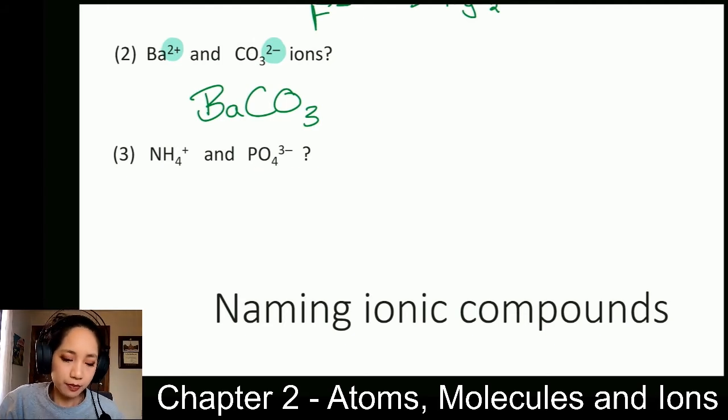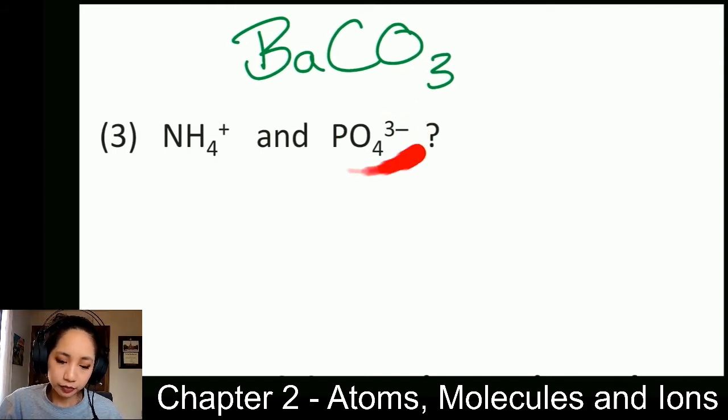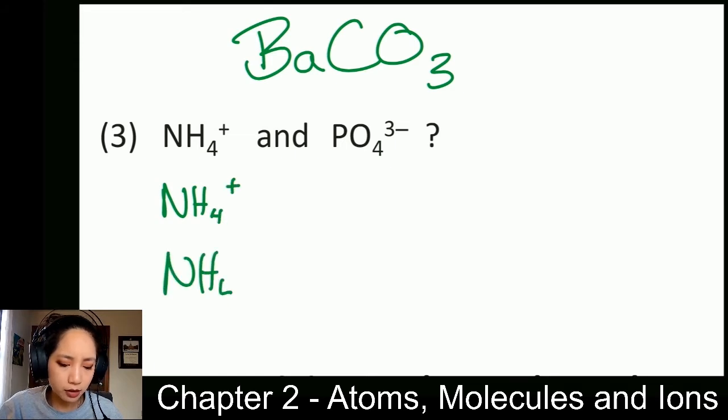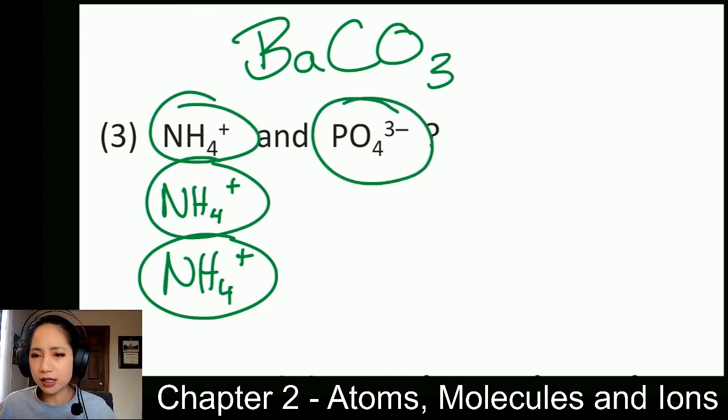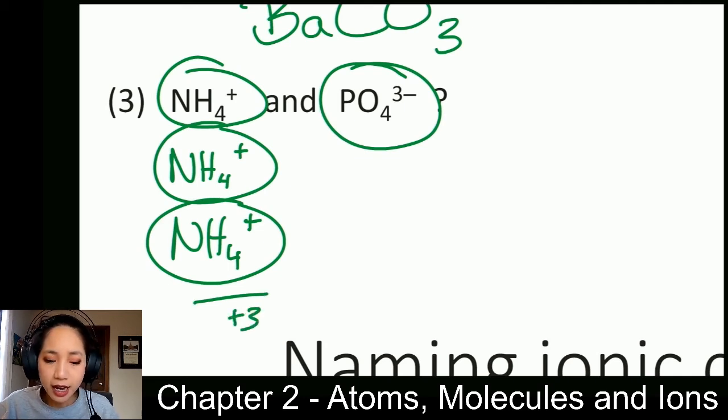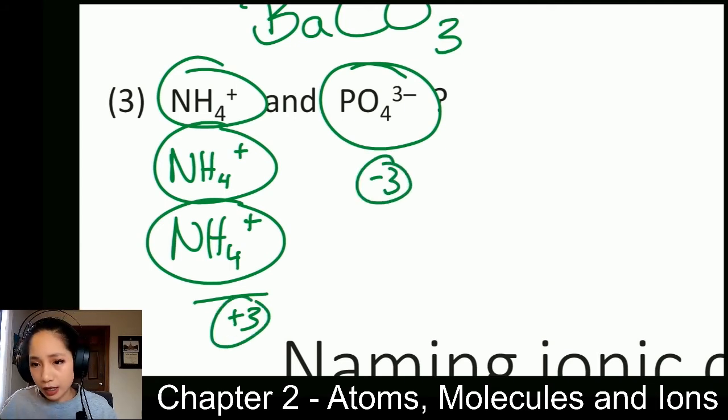So in order to overcome all of that negative charge, I want 3 of these ammoniums in order to cancel that out. If we have 3 cations that are +1, that would be an overall charge of +3. And if we have 1 phosphate that is -3, you see how those charges cancel to give you 0.